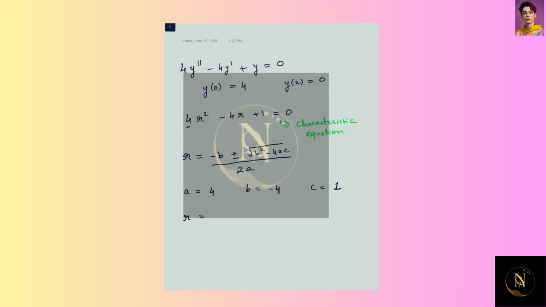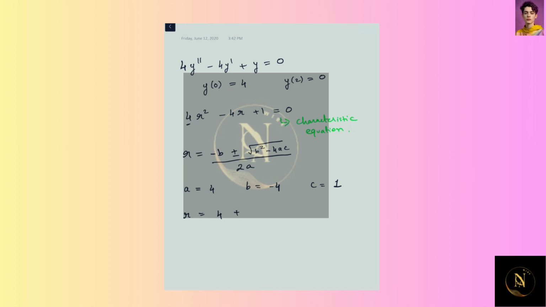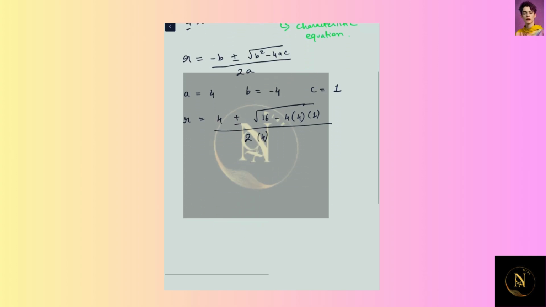So r equals negative of -4, that's just 4, plus or minus the square root of b², which is 16 since (-4)² is 16, minus 4 times a, which is 4, times c, which is just positive 1, over 2 times a, that's again 2 times 4.